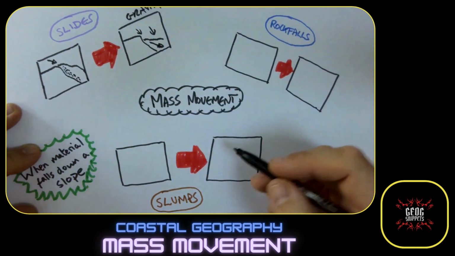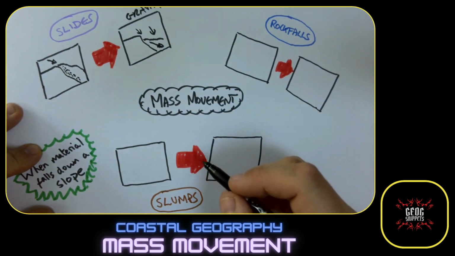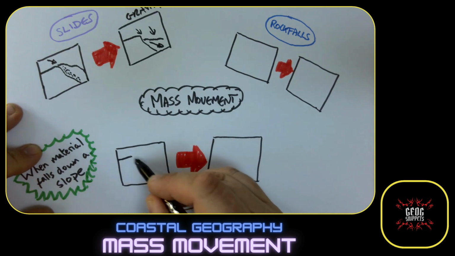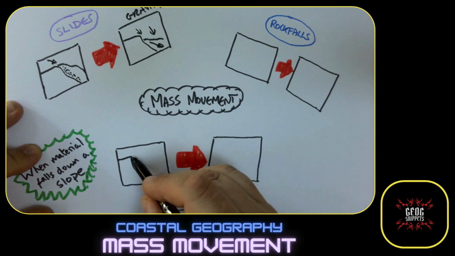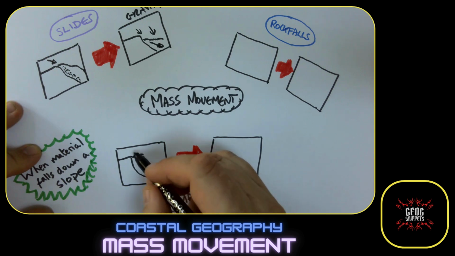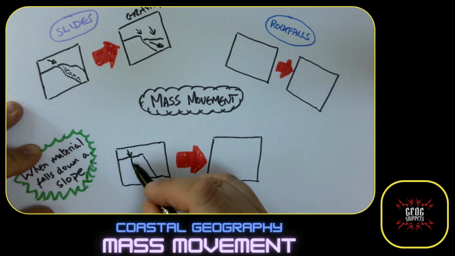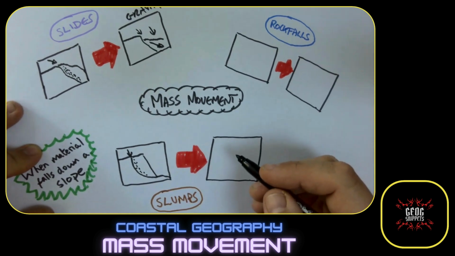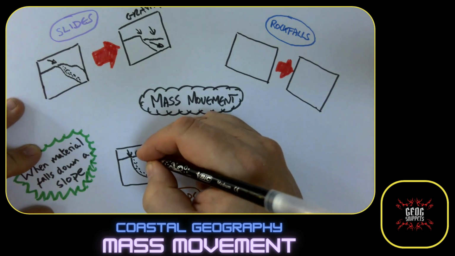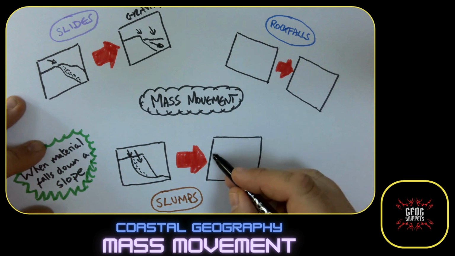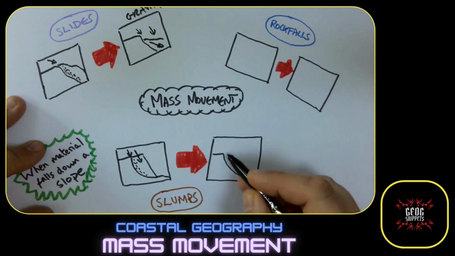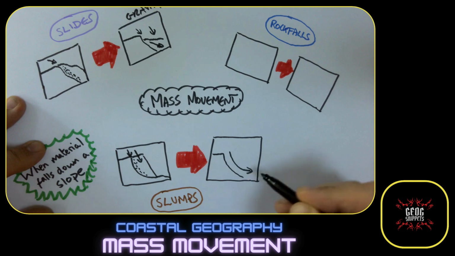We then have cliff slumping. Slumping is slightly different in the actual shape of the movement. Again, you have a cliff, you have a line into which water is saturating, causing some lubrication, and the force of gravity downwards. But what actually happens is that when it gets to the point where the cliff collapses, it does so in a rotation.